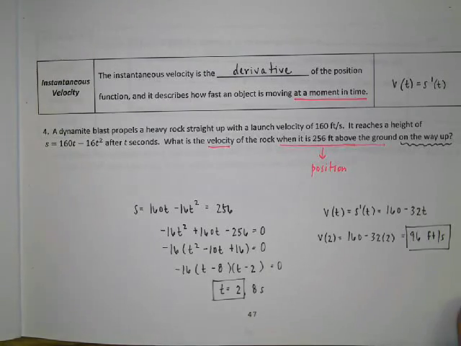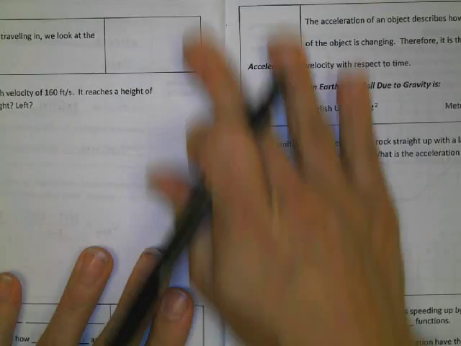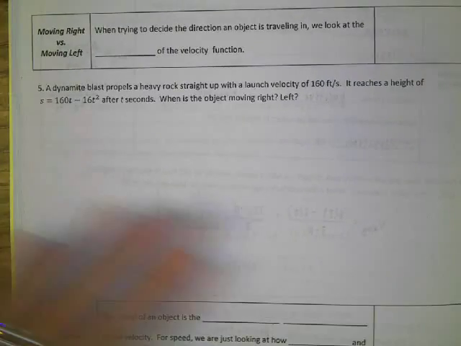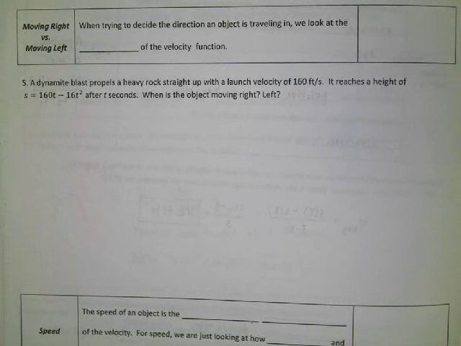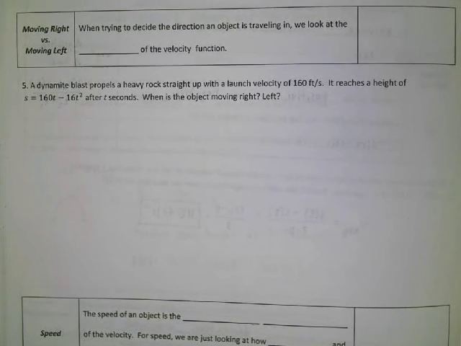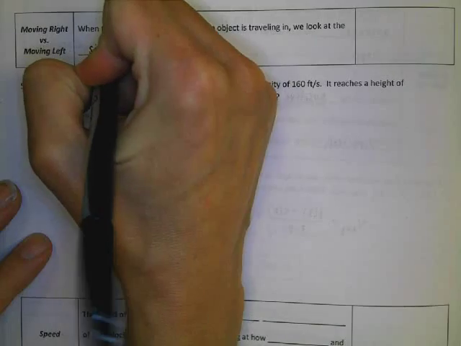Okay, so let's keep moving and see what other information we can get about the motion of this particle. So we're going to talk about how do we know when it's moving right versus moving left. When we're trying to decide the direction that that object is moving, we look at the sign of the velocity function.